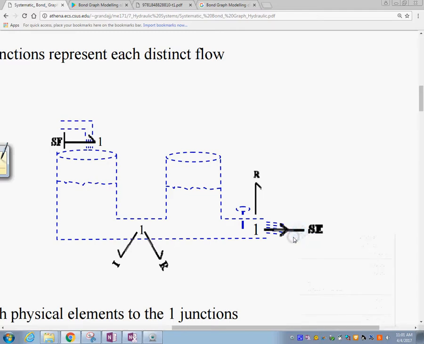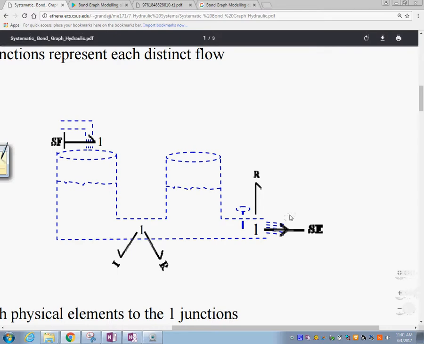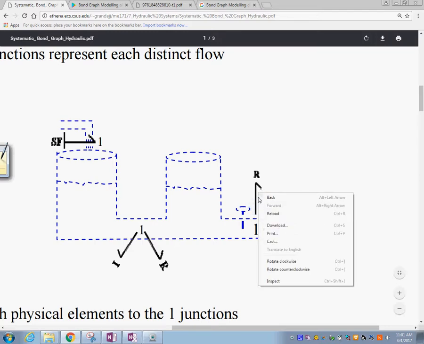The way we express this is by this half arrow, meaning one of the signals is 0, and the E is 0. And here the R element is the one that is attached to this junction.